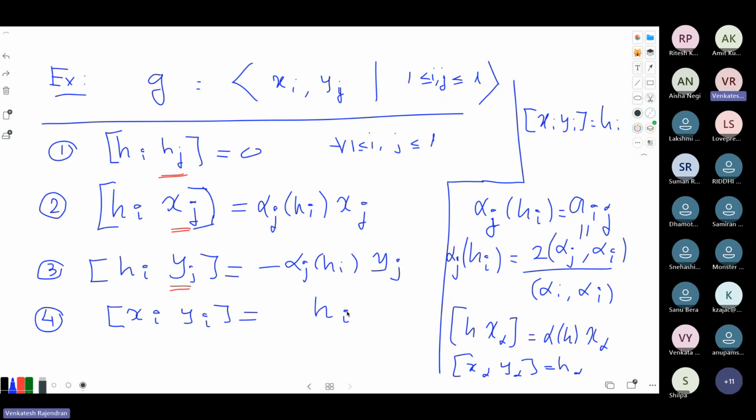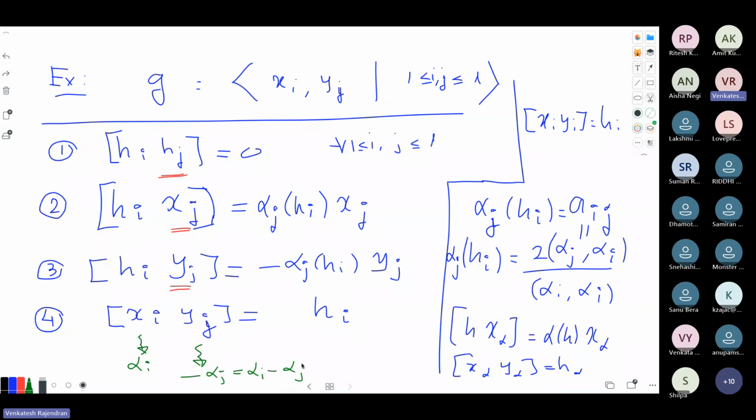If you want to write it down more generally, put j here. Then what happens? This has weight alpha_i and this has weight minus alpha_j. So if you take the bracket, it will have weight alpha_i minus alpha_j. But you know that for simple roots, the difference alpha_i minus alpha_j is never a root.